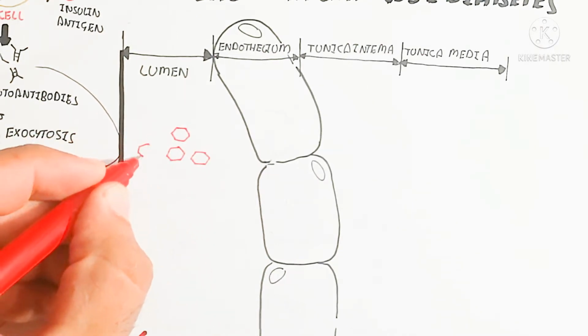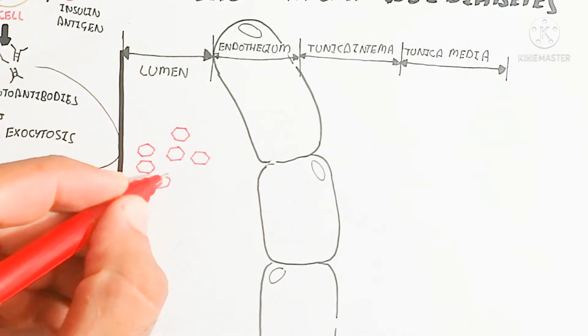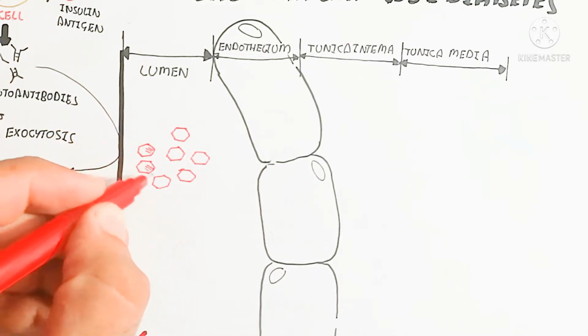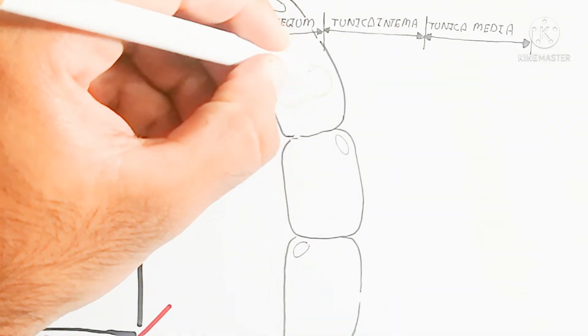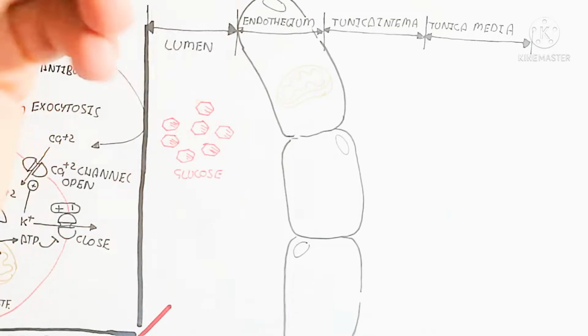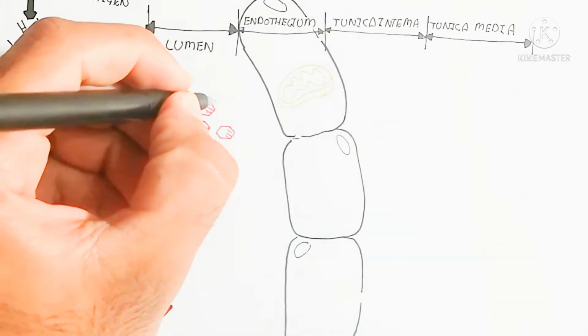Here you can see the glucose. This glucose is present in the lumen, in the blood, and it will move into the endothelium. The endothelial cell does not contain an insulin receptor, so the glucose will be directly absorbed into the endothelium.